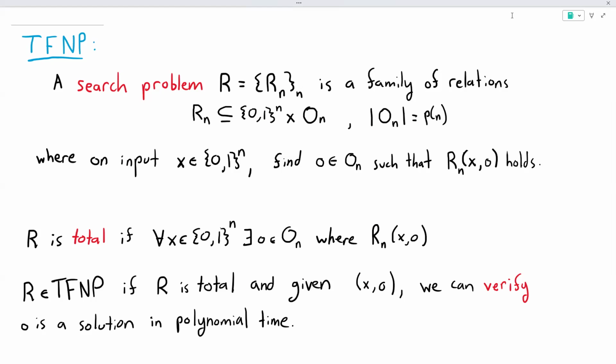We want to find, on input X, some little o in O of n where the relation R of n on X and o holds. R is a total search problem if for every n-bit input X there is a solution o where R of n on X and o holds. And even more, R is in TFNP if R is total, and given X and o, we can verify that o is a solution in polynomial time in the input size.